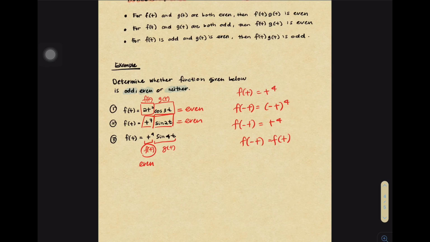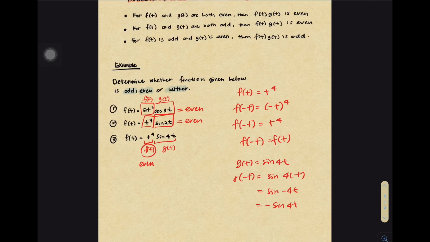Then we have g(t) equal to sine 4t. Therefore, we will have g(-t) equal to sine 4 times negative t. So what you will have is sine(-4t), where sine(-4t) is equal to negative sine 4t.